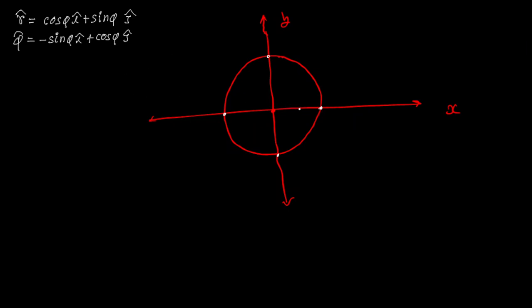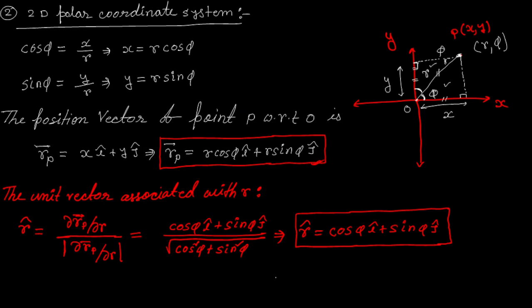And what is phi? If we consider any point, let's say this point P, the angle between the r vector and the positive x-axis gives you the value of phi.